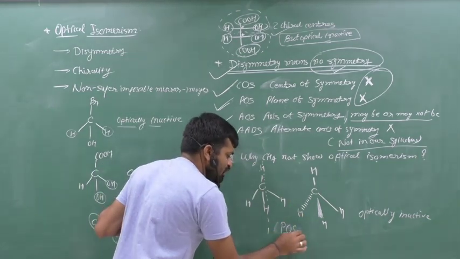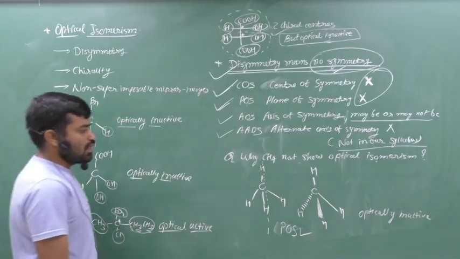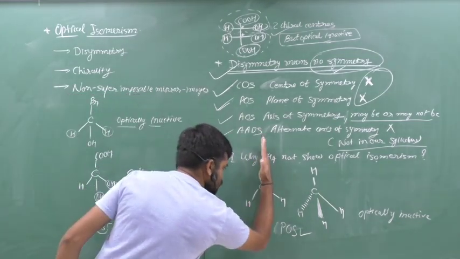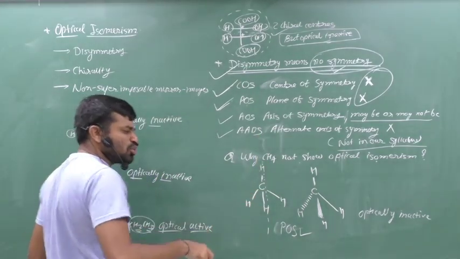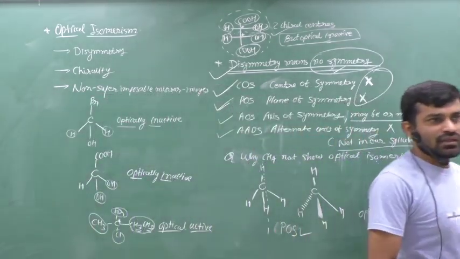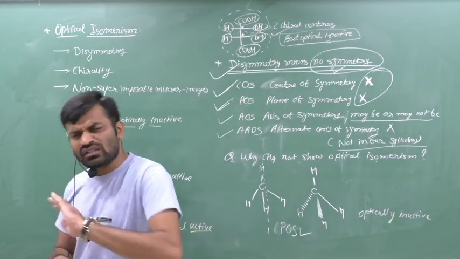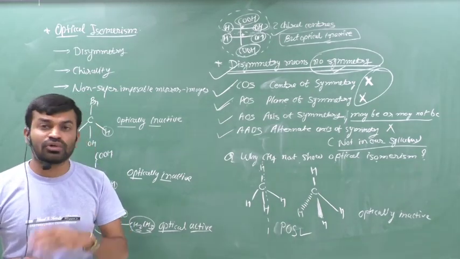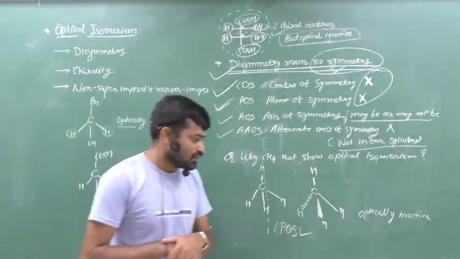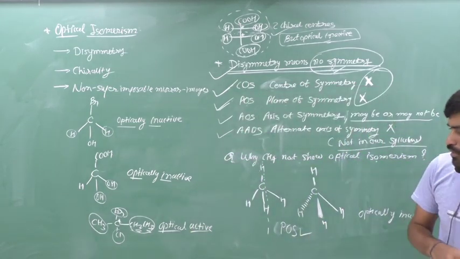And the second and proper reason is that it has a POS, plane of symmetry, because if we pass a plane through this molecule, the molecule is cut into 2 equal halves. If any plane which we pass through the molecule cuts the molecule into 2 equal halves, then you can say that the compound has a plane of symmetry.